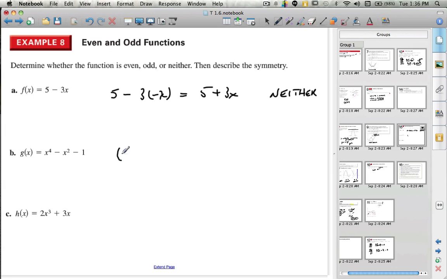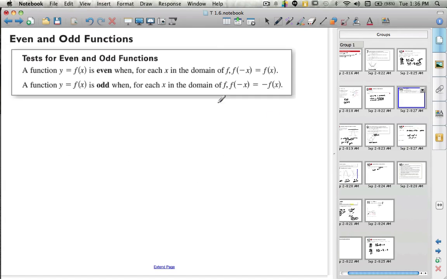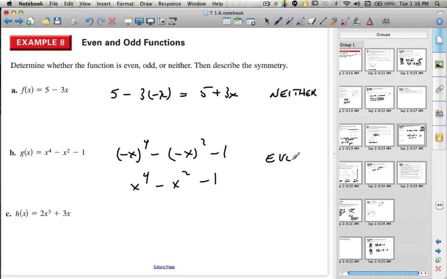When I take this function, I plug negative x into the 4th minus negative x squared minus 1, and I simplify it. Negative x to the 4th is x to the 4th, minus the opposite of x squared is x squared, minus 1. This is the same function. So if we go back a page, when it equals the same thing, that's an even function. So this one is even. And here, I'll do 2 times negative x cubed plus 3 times negative x.